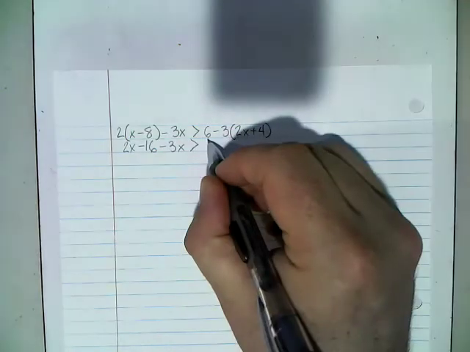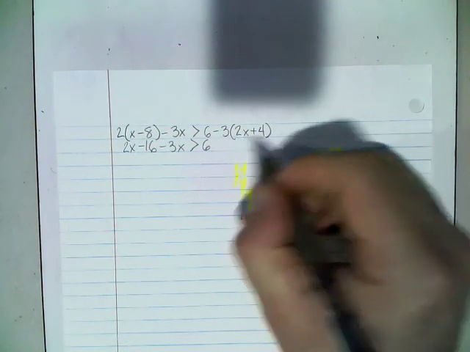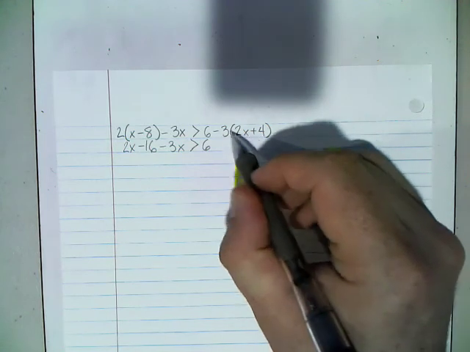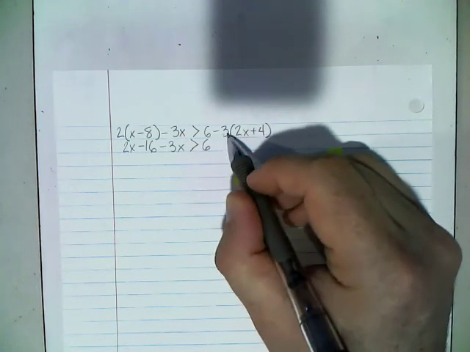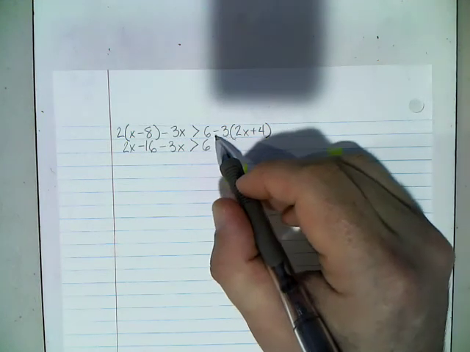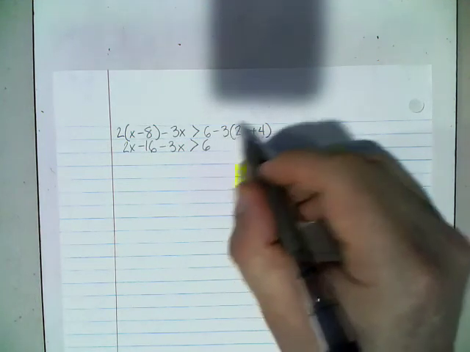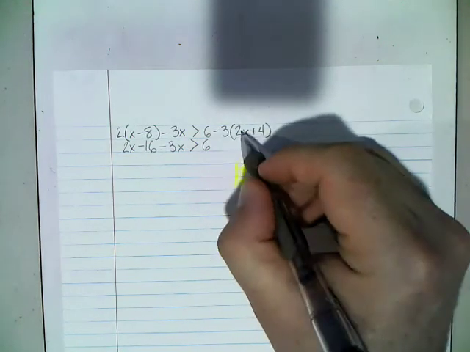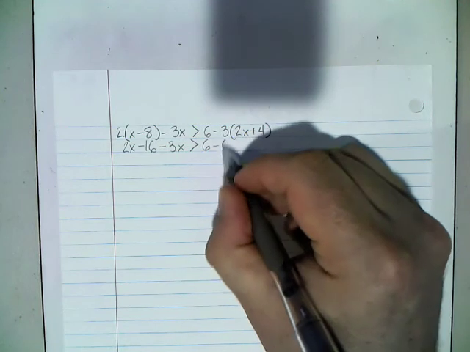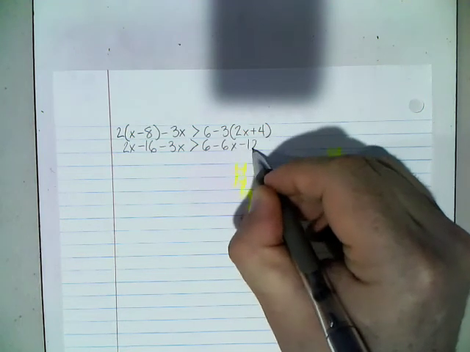On the other side, 6. Here though, hopefully if you've done this on your own, you caught and you remembered, anytime we have a minus, we need to think about this as a negative. So this is not just minus 3, this is like a negative 3 that will then get distributed. So when a negative 3 gets multiplied with a 2x, we get a negative 6x. And when a negative 3 gets multiplied with a positive 4, we get a negative 12.